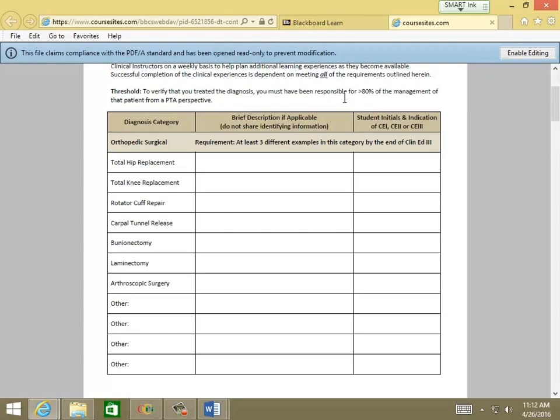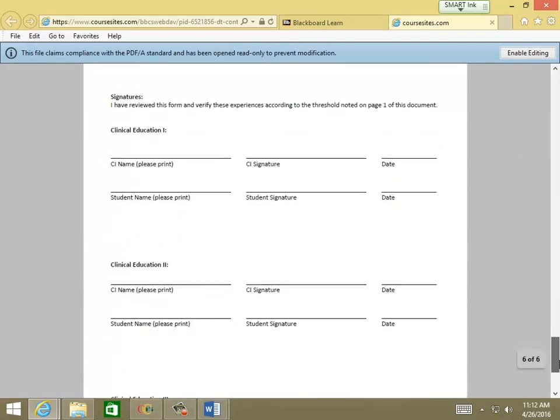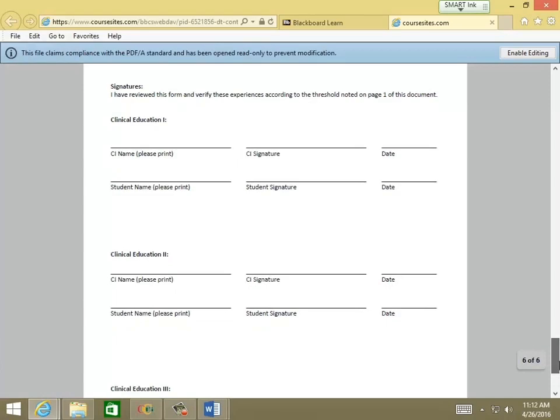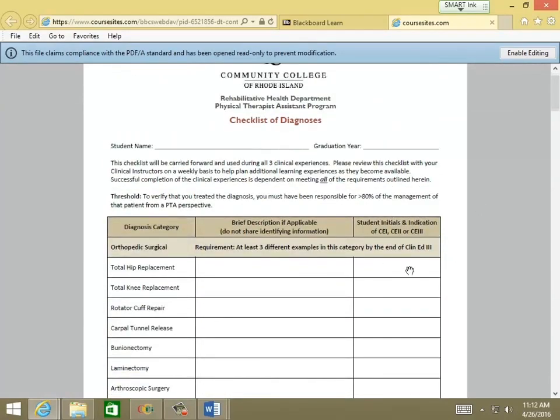So we encourage our students to start acquiring these exposures as early on as possible throughout the clinical education program. At the end of the clinical experience, we ask that you as the clinical instructor sign this document verifying that the experiences the student notes that they have had exposure to have actually occurred. So here the student will note which experience they happened during.